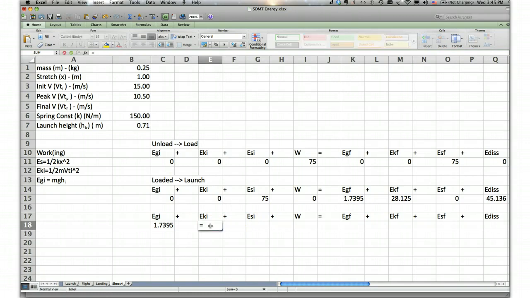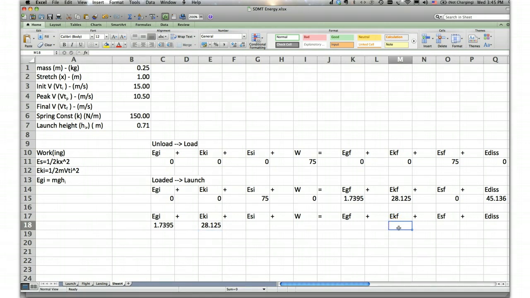I do the same thing for the kinetic energy, because the final kinetic energy of the previous step becomes the initial energy. Now, of course, the energy that was dissipated is gone from the system, so it doesn't show up here anymore.